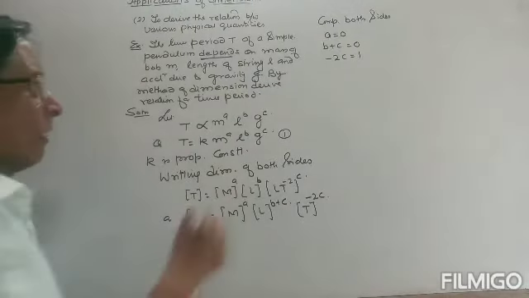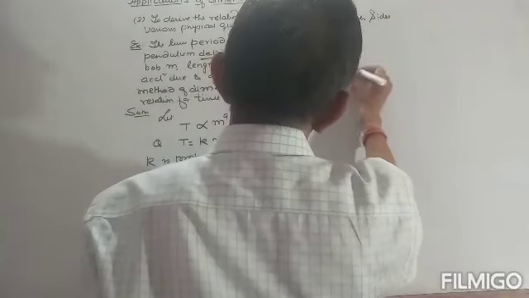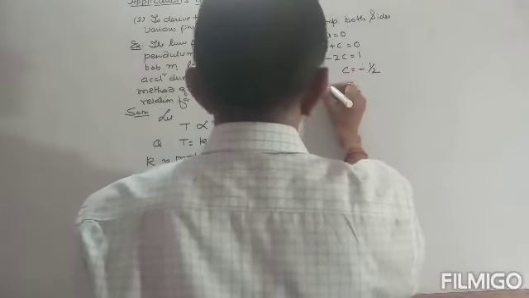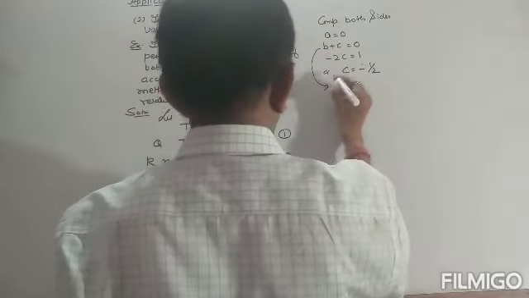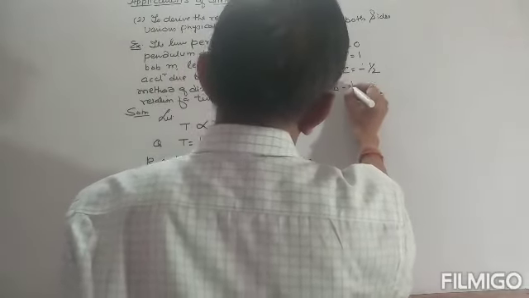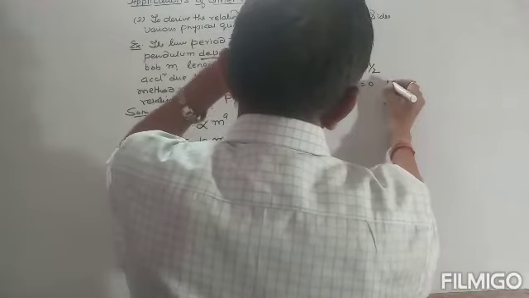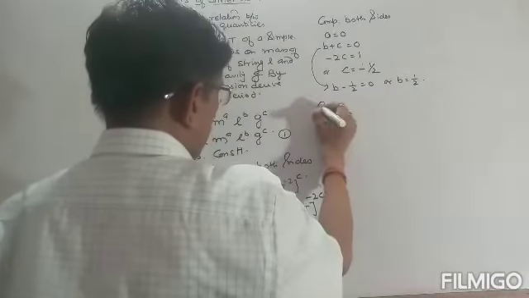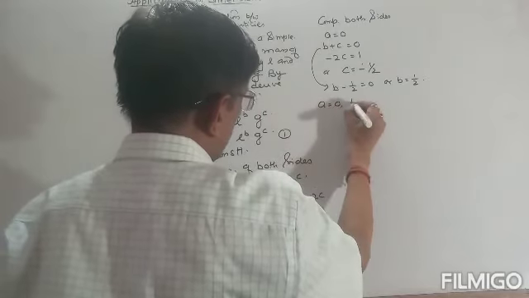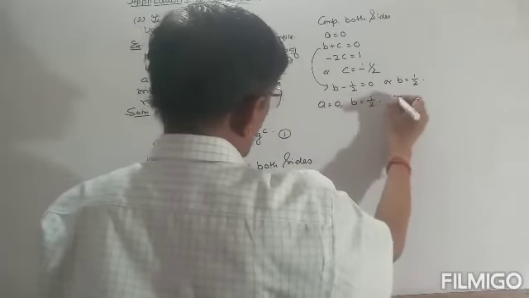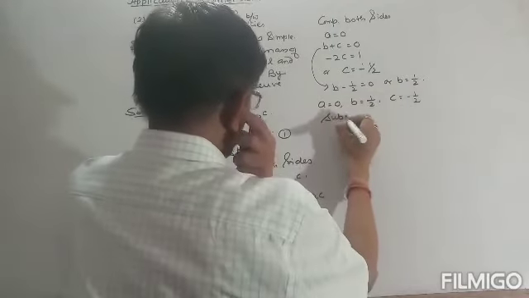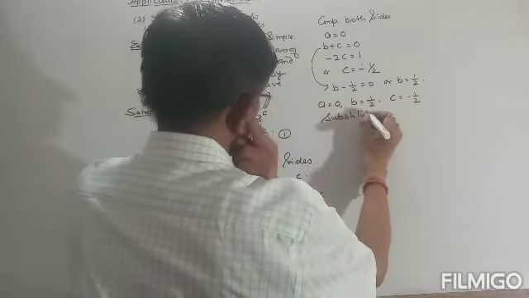Minus 2c equals 1, or c is equal to minus 1 by 2. And from this equation you can write b minus 1 by 2 is equal to 0, or b is equal to 1 by 2. So dear students, you have got a is equal to 0, b is 1 by 2, and c is equal to minus 1 by 2.